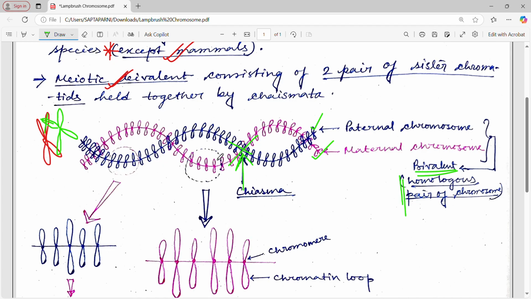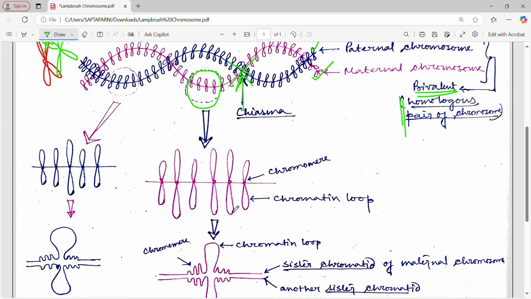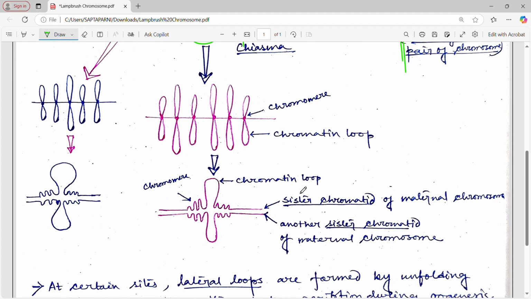If we zoom into the maternal chromosome, we can see a structure like this, and when we zoom further, we can see that it is actually made up of two sister chromatids. So the maternal chromosome is made up of two sister chromatids, and similarly the paternal chromosome is also made up of two sister chromatids.